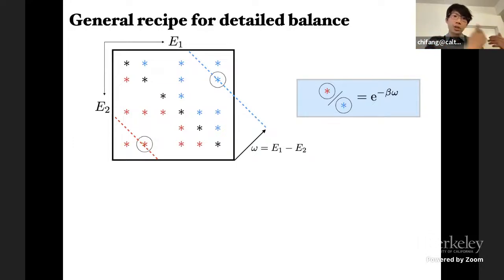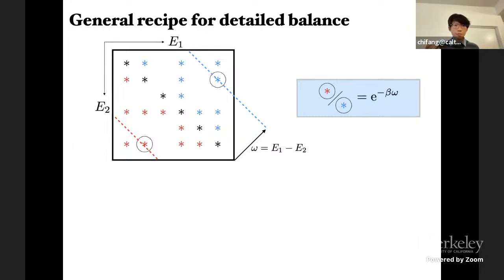Let's now sort the configurations by their energies, U1 and U2. And then detailed balance in this picture is some kind of symmetry of this matrix. It has to obey this particular rule that if you flip across the diagonal, then these two are related by this number. And this number depends only on the energy difference.